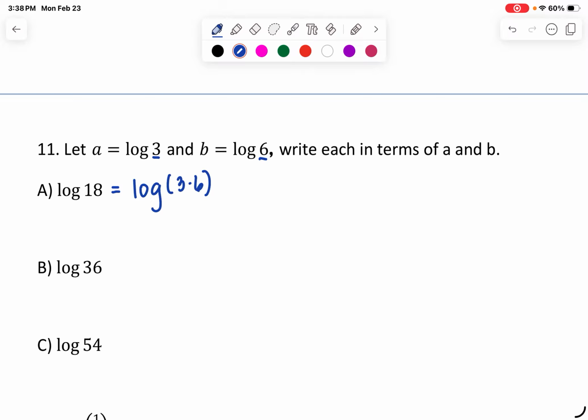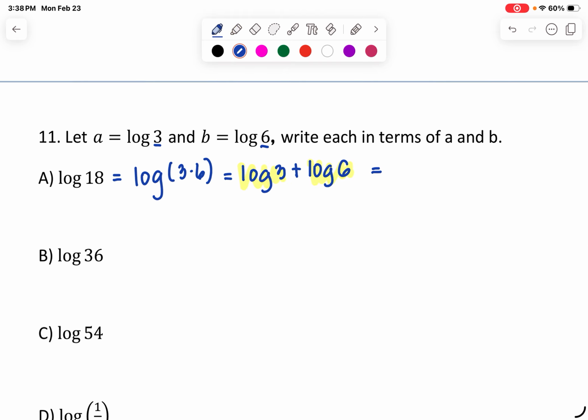But then I say, oh yeah, multiplication, I can break that into 2 logs that I'm adding. So that's common log of 3 plus common log of 6. And now I can replace the common log of 3 with an A and the common log of 6 with a B. So I have A plus B. Most common wrong answer, A times B. Because people will be like, 3 times 6. It's like, no, that's not how it works.